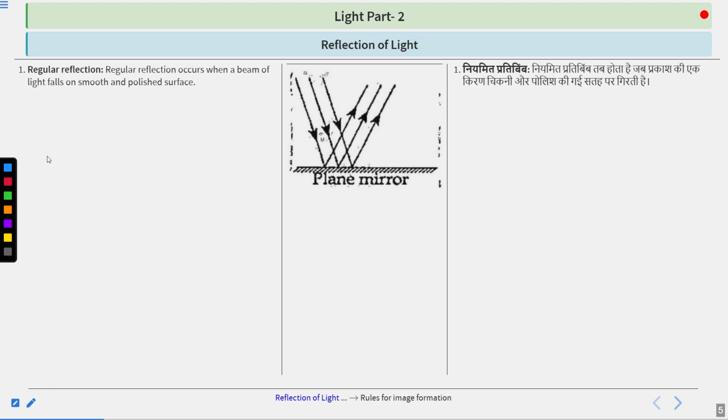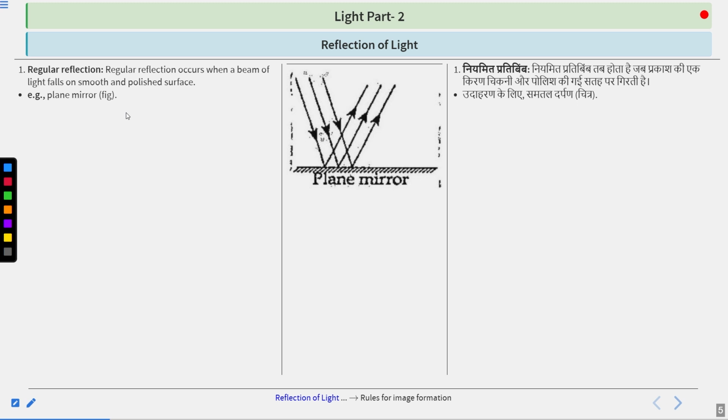Now let's have a look at the first one, that is regular reflection. A regular reflection occurs when a beam of light falls on a smooth and polished surface. Like when the surface on which the light is falling or striking is smooth and polished. It is not uneven, but a smoothly even surface.